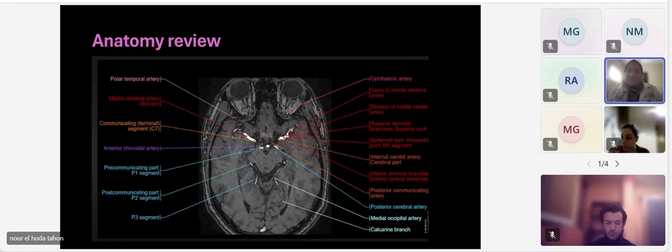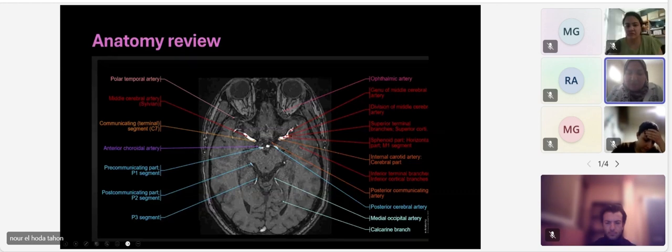Okay, and this is how it looks in MRI. This is MRI with contrast, or maybe this is part of MRA, and you can see which vessel here is the middle cerebral, and again here's the middle cerebral, and this is the carotid terminus, the basilar and posterior cerebral, and these are the distal branches of the posterior cerebral as P2, P3.